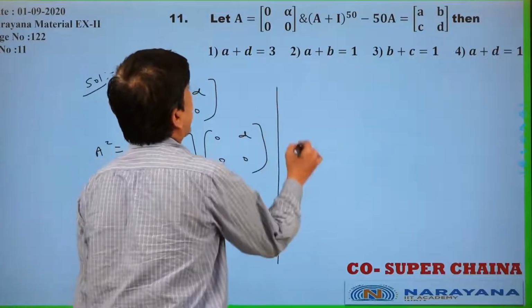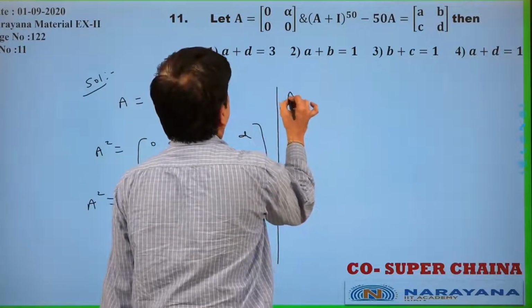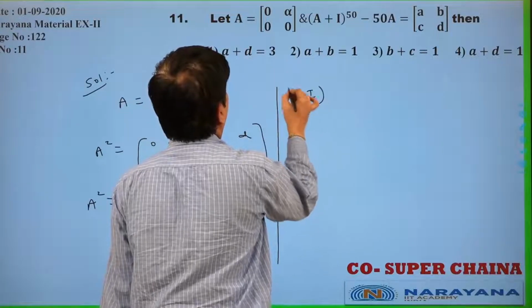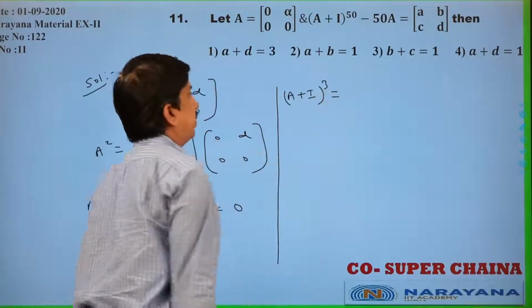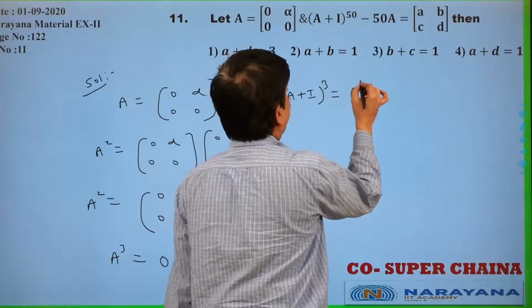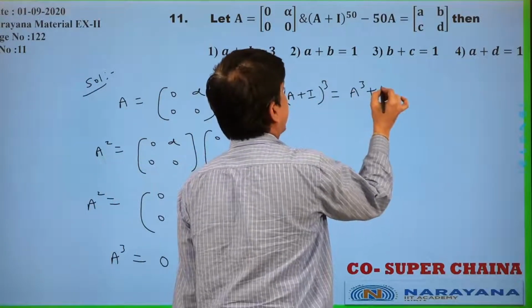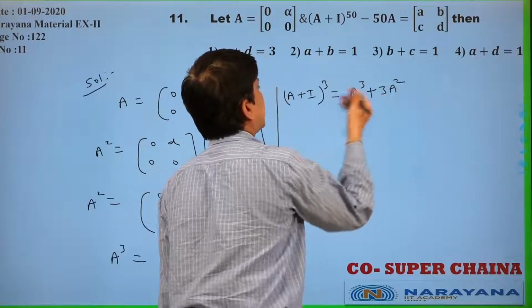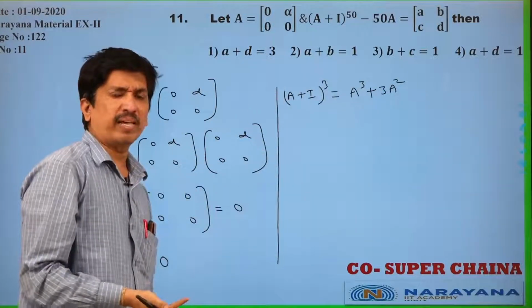Now (A plus I) whole cube I will write. (A plus I) whole cube is nothing but, like (A plus B) whole cube, A cube plus 3A square B. 3A square B means 3A square into I, you will get 3A square.